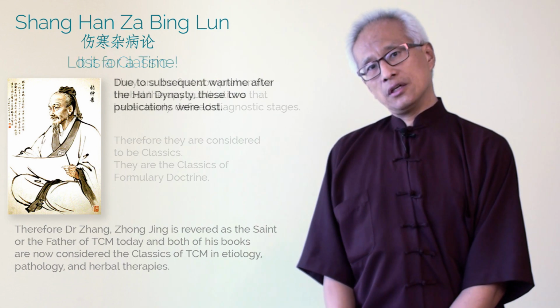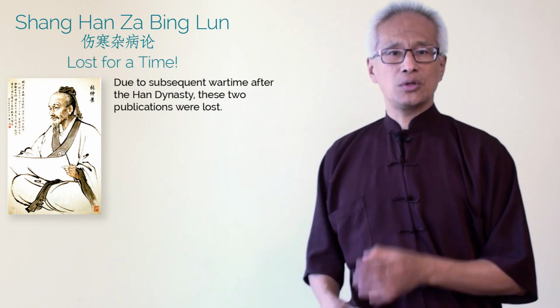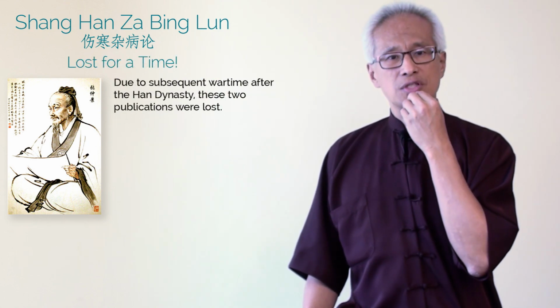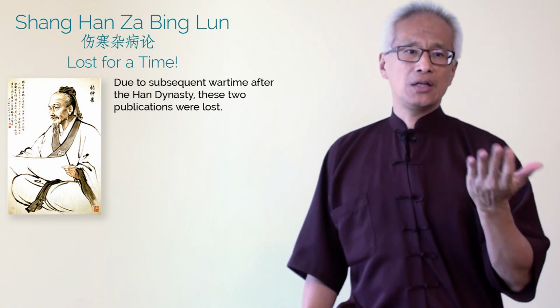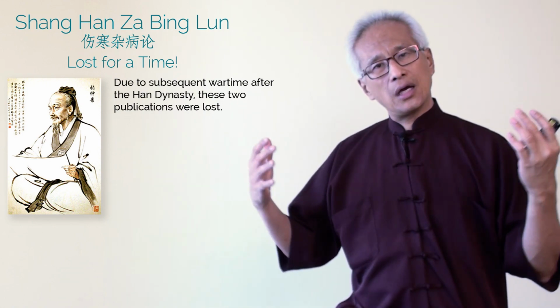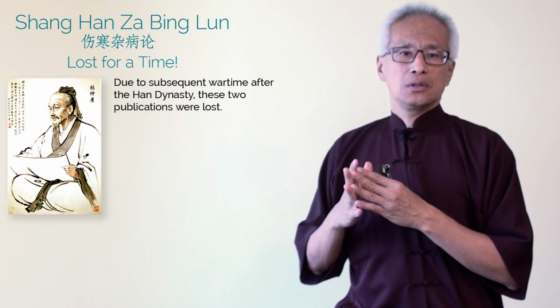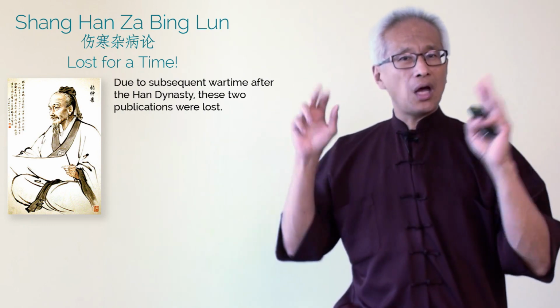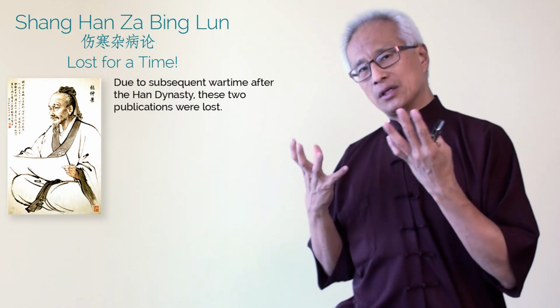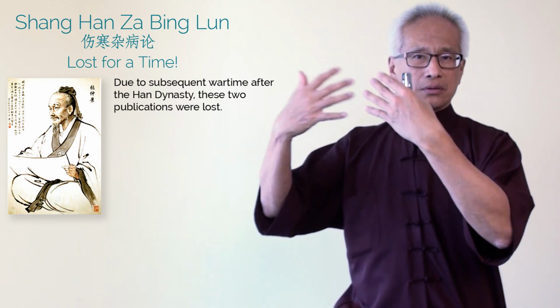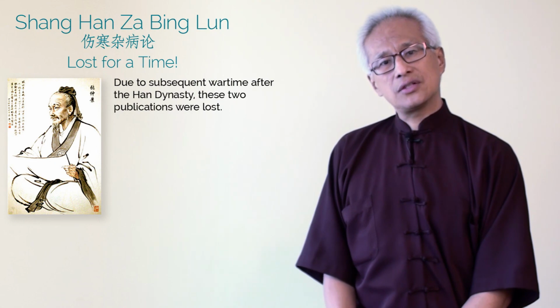Now, interestingly enough, this book was lost for a time, due to subsequent wartime. After the Han Dynasty, there was a lot of fighting, famines, and wars, and these two publications were somewhat lost, or were in private collectors' hands, but never appeared in society again at that time.